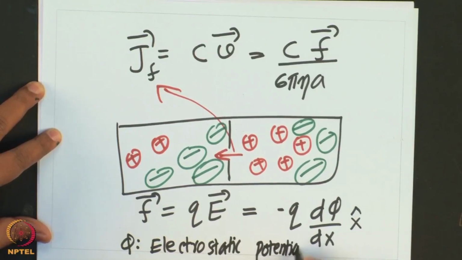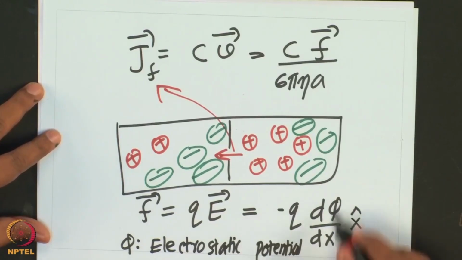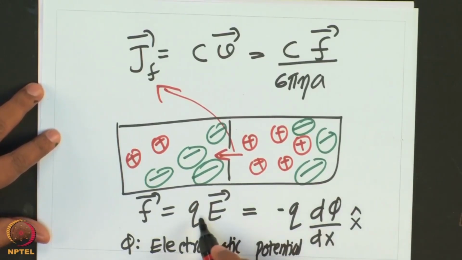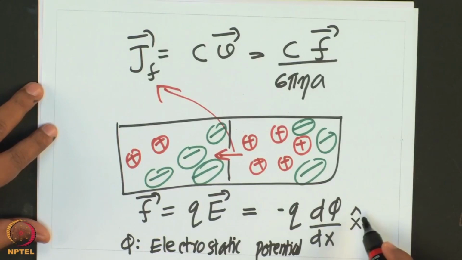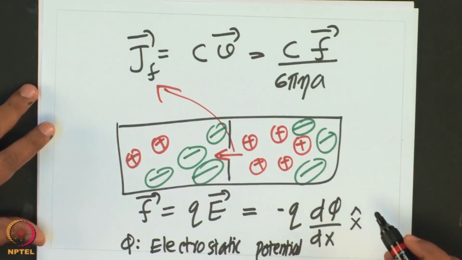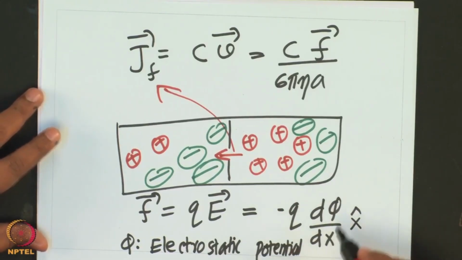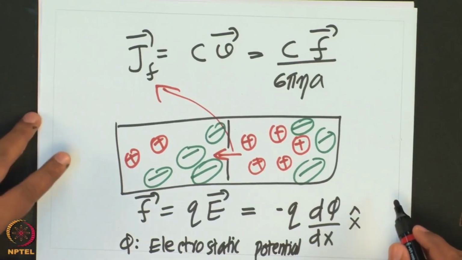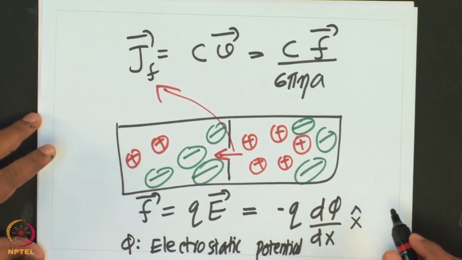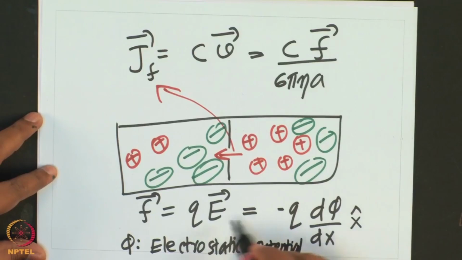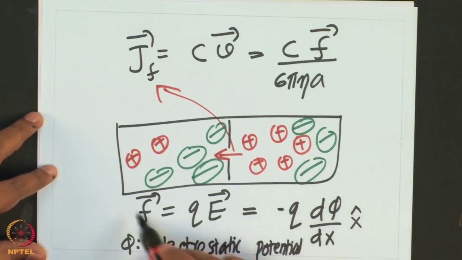If phi is the electrostatic potential, d phi by dx is proportional to the electric field, and there will be an appropriate direction, which can be fixed, and this formula is basically the force.